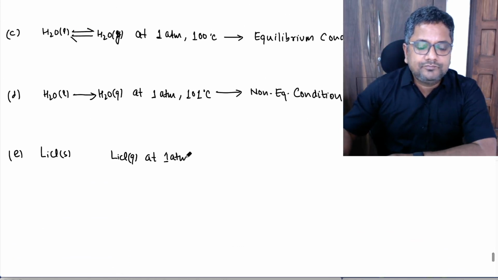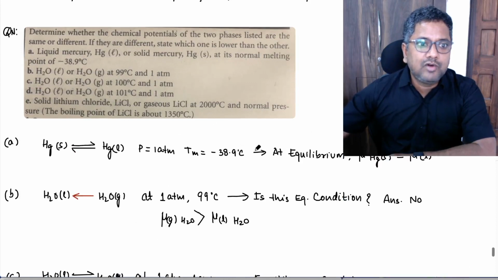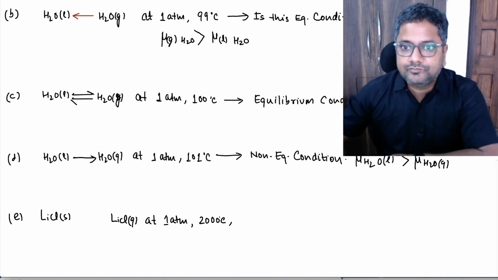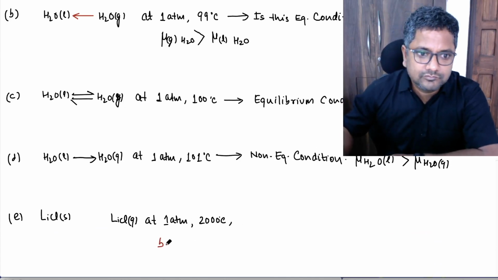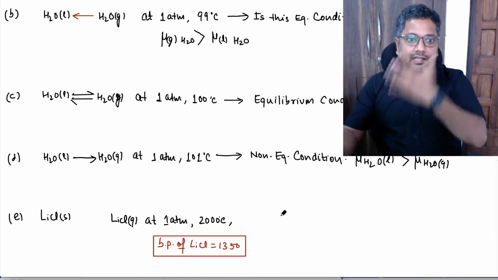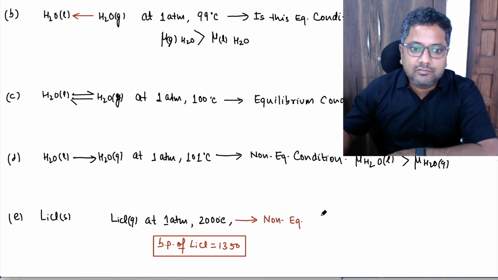And one more piece of data is given here: the boiling point of lithium chloride is 1350. First you have to tell whether this 2000 degrees Celsius and 1 atm is an equilibrium or non-equilibrium condition. Definitely it is a non-equilibrium condition.